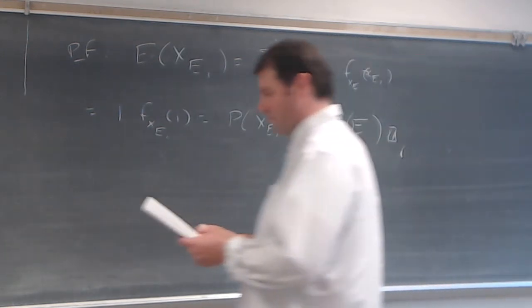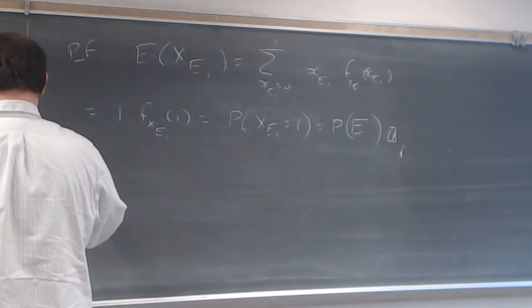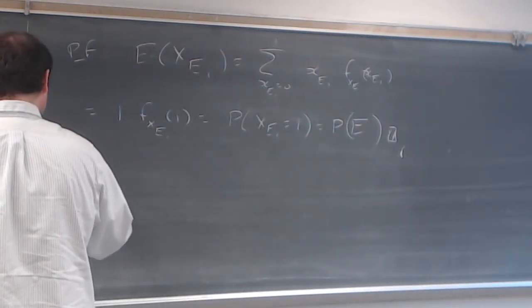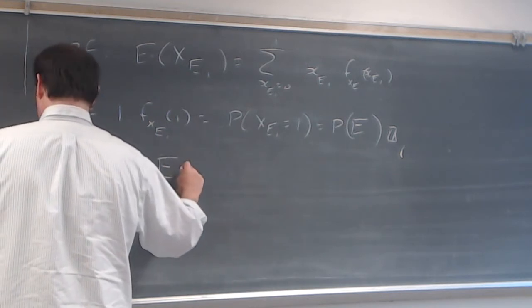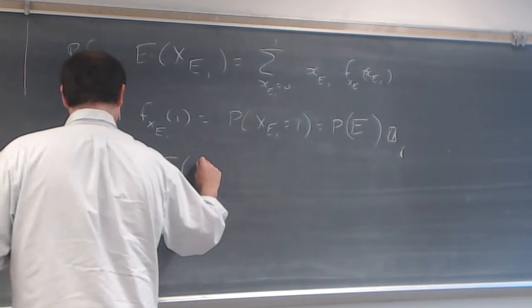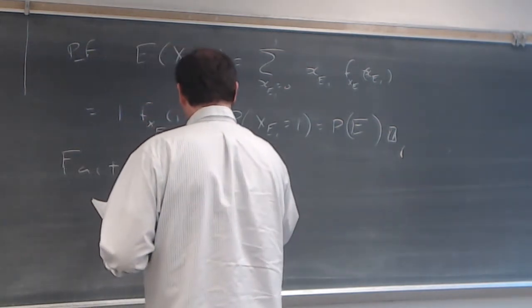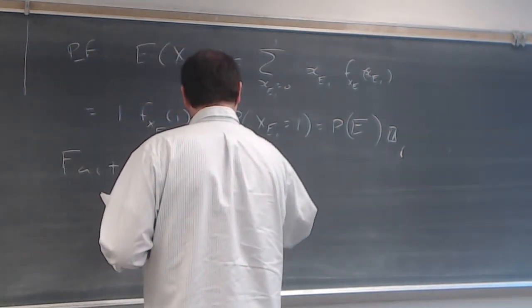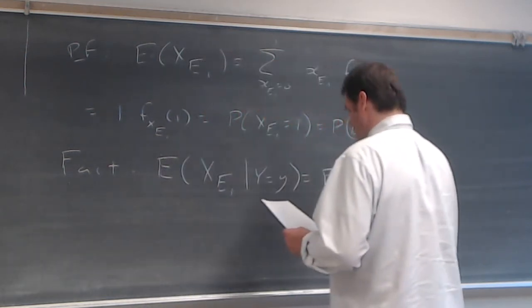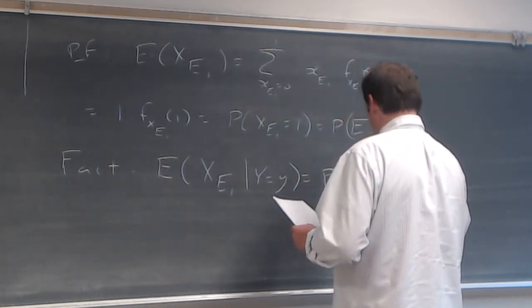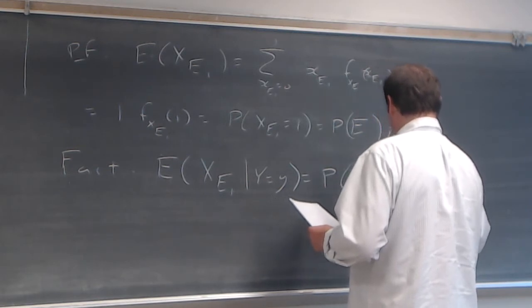Another fact is that the expected value of X sub E sub 1 given Y equal to y is equal to the probability of E sub 1 occurring given that Y equals y.